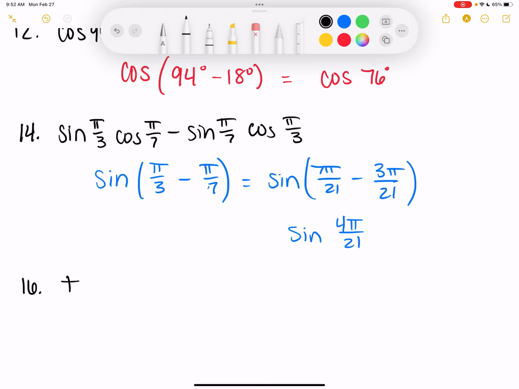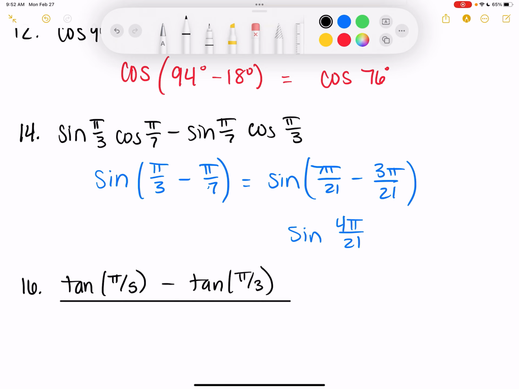Number 16: tangent of pi over 5 minus tangent of pi over 3 all over 1 plus tangent of pi over 5 times the tangent of pi over 3. I kind of forgot we were doing reverse. I hope we're in reverse, or this is going to be scary.